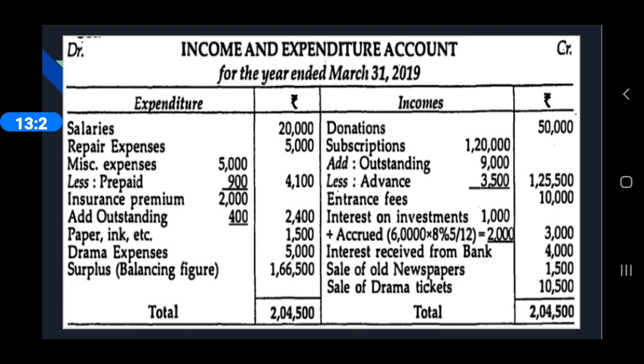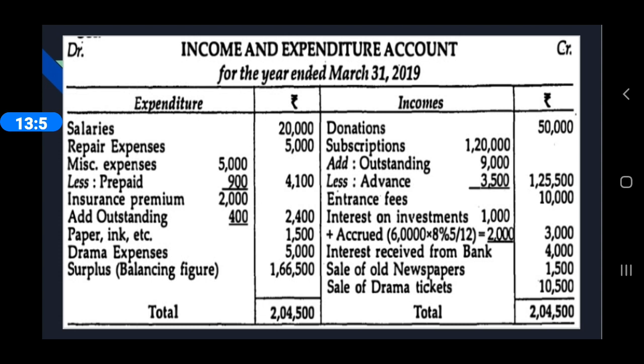Then insurance premium 2000, but there is an outstanding of rupees 400. That means any outstanding expenses is to be added, but outstanding expenses is a liability. So here you have to add it, and at the same time it should be taken to the liability side of the current year balance sheet.